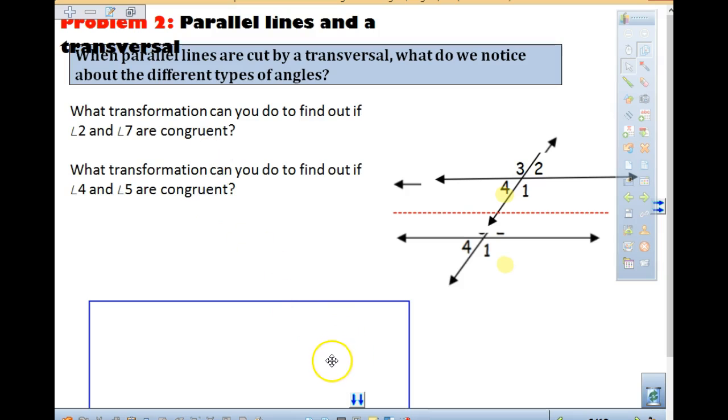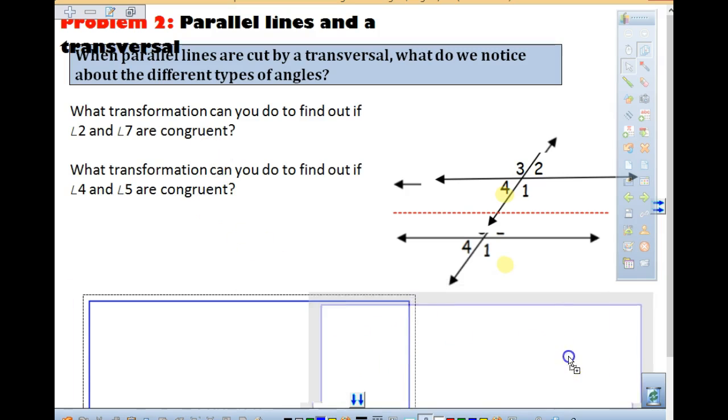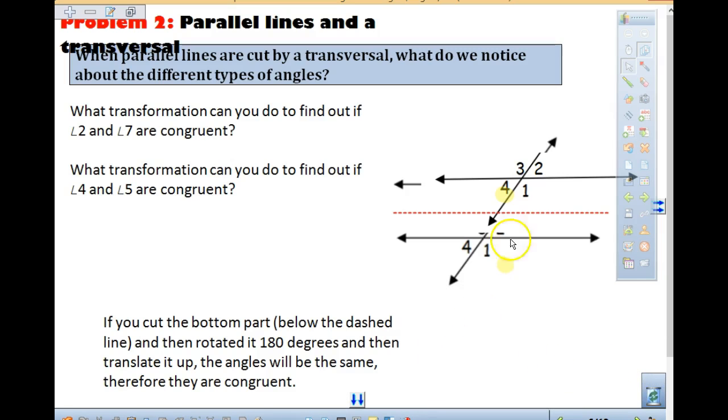So if I'm looking at these, what transformation can we find to make 2 and 7 congruent? We said if we cut about this dot, Gavin said rotate it 180 degrees, then translate it up. The angles will be the same.